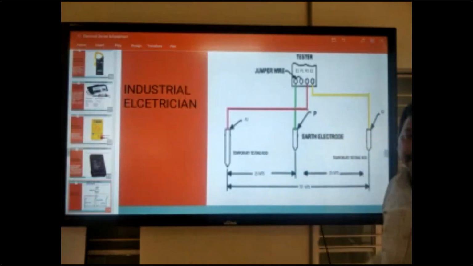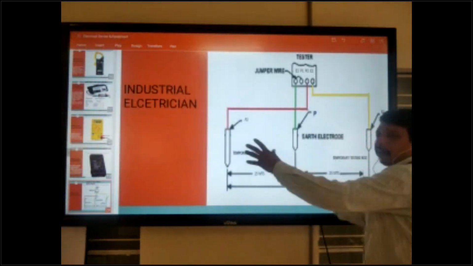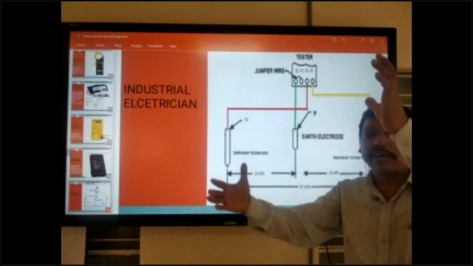This is the perfect way of checking. Sometimes the distance is not enough for you. At that time we can adjust the distance.